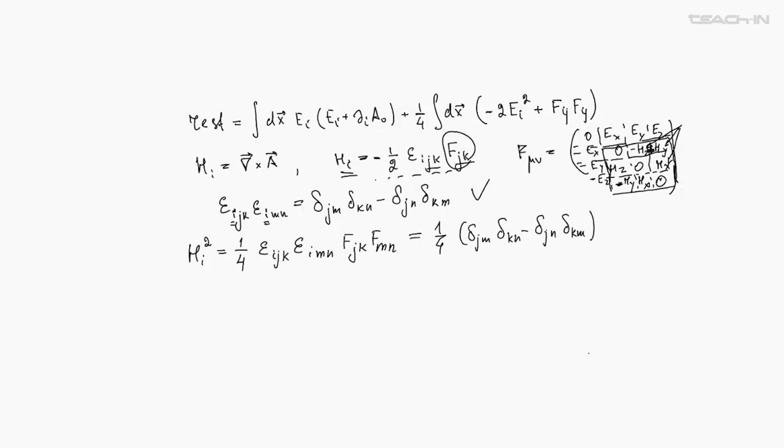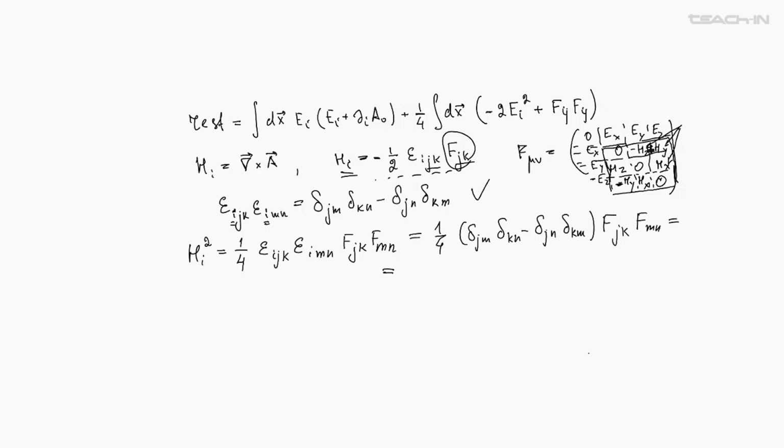Now you see what happens if you replace, say, index k with n. You will get 1 over 4.